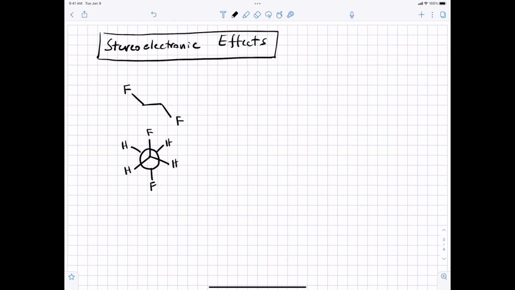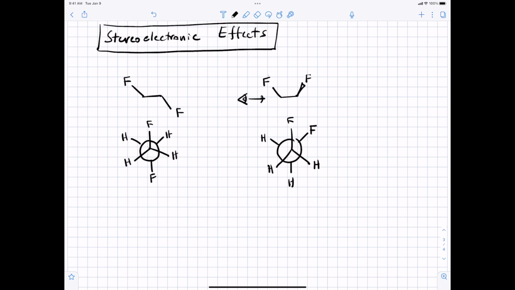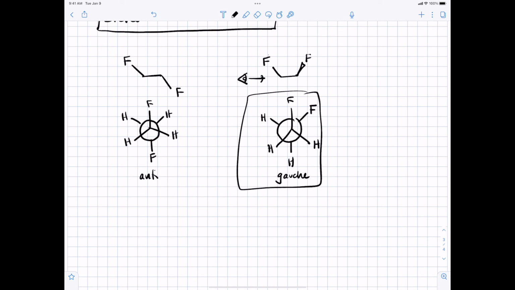Or it can exist in this conformation where the fluoro groups are gauche to each other, and in the Newman projection we're looking down the bond from that direction. So fluoro group pointing straight up in the front, and on the back we've got it angled out to the right. Now, based on steric arguments alone, you would say that this anti conformation is more stable than the gauche conformation, but it turns out the gauche conformation is preferred.